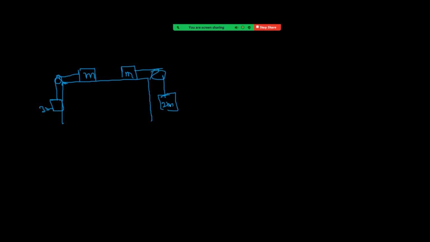Okay. So first we have to find what their accelerations will be. Okay. See how to get it. In Newton's laws of motion, we have learned how to get their accelerations. I will do one calculation.